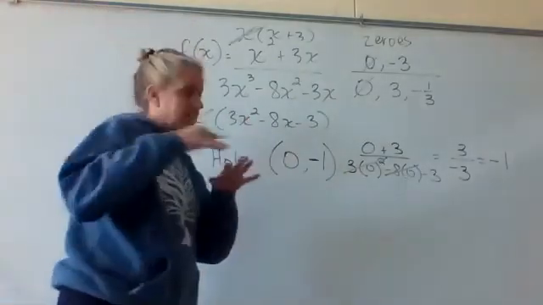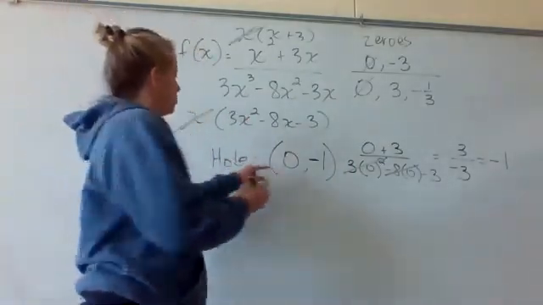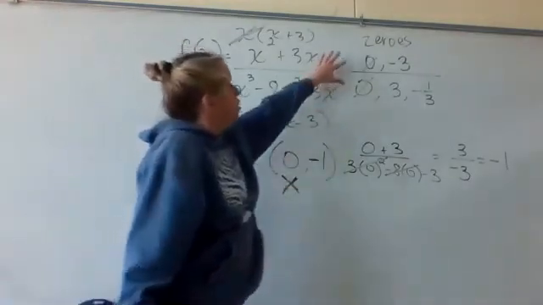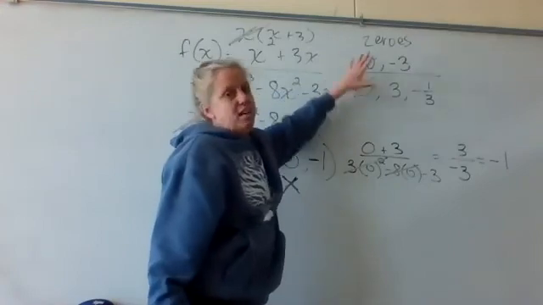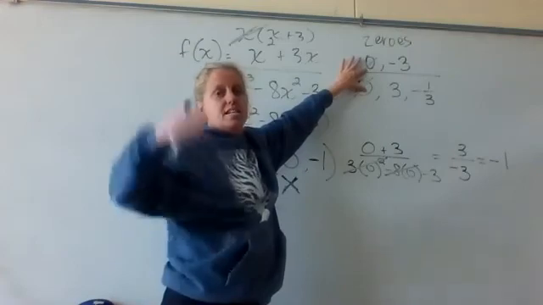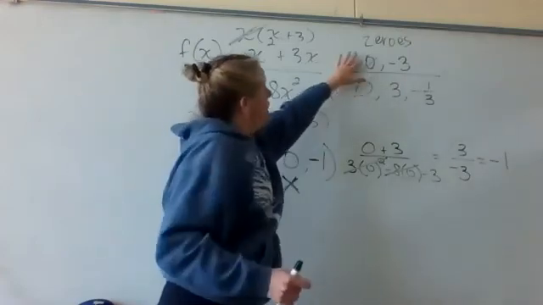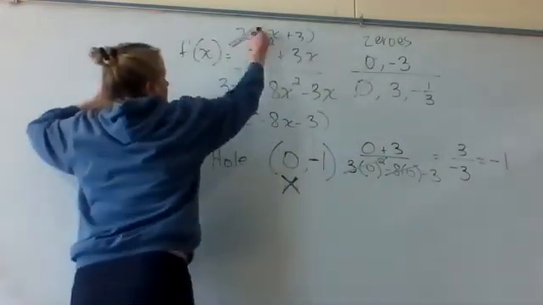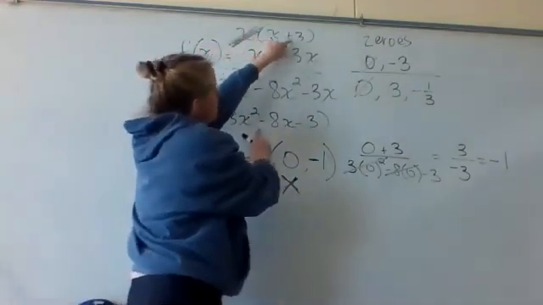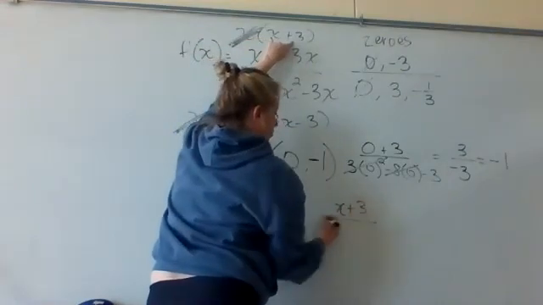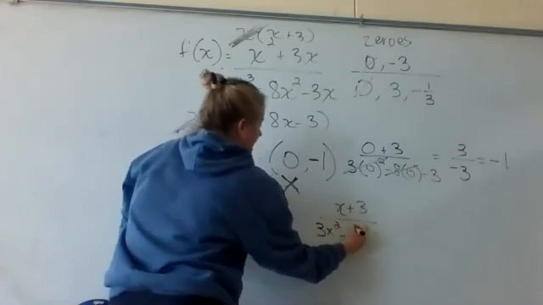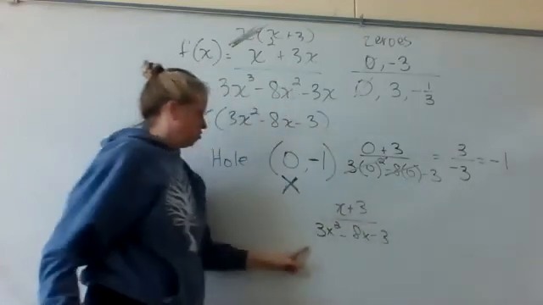Okay, so again, I'm just going to say that one more time. The x coordinate of the hole is whatever the common zero was. Coincidentally, the common zero was a zero. It's like whatever made that zero, which was these x's, they cancel each other. So you're really just left with x plus 3 over 3x squared minus 8x minus 3.